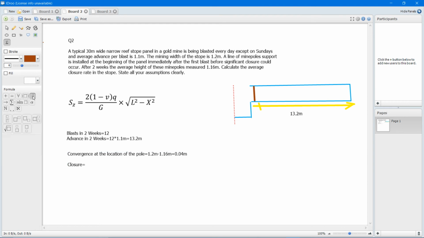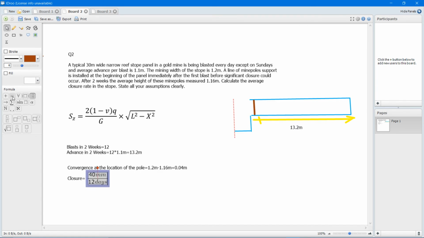let me just find if I can put a fraction there. Okay, so our closure would be 40 millimeters divided by 12 operating days, right?